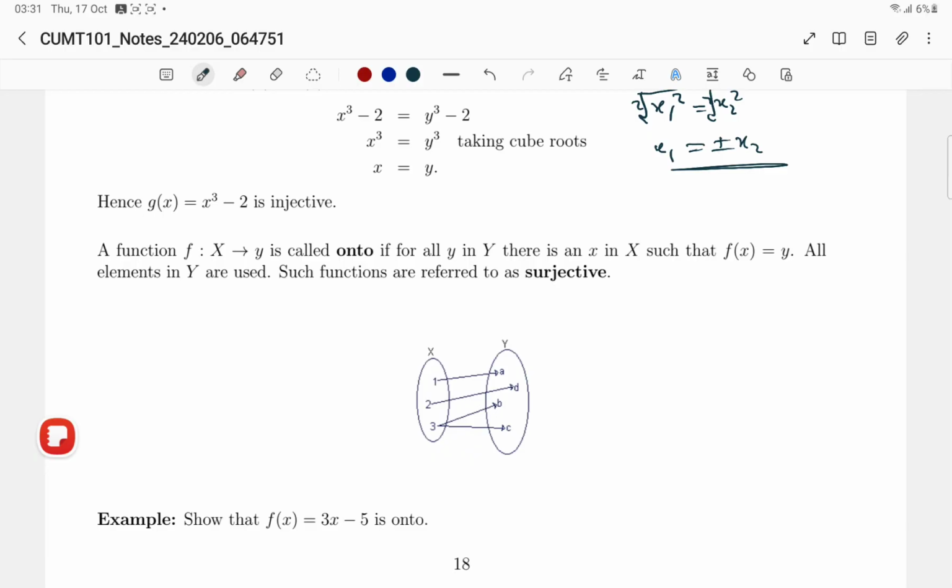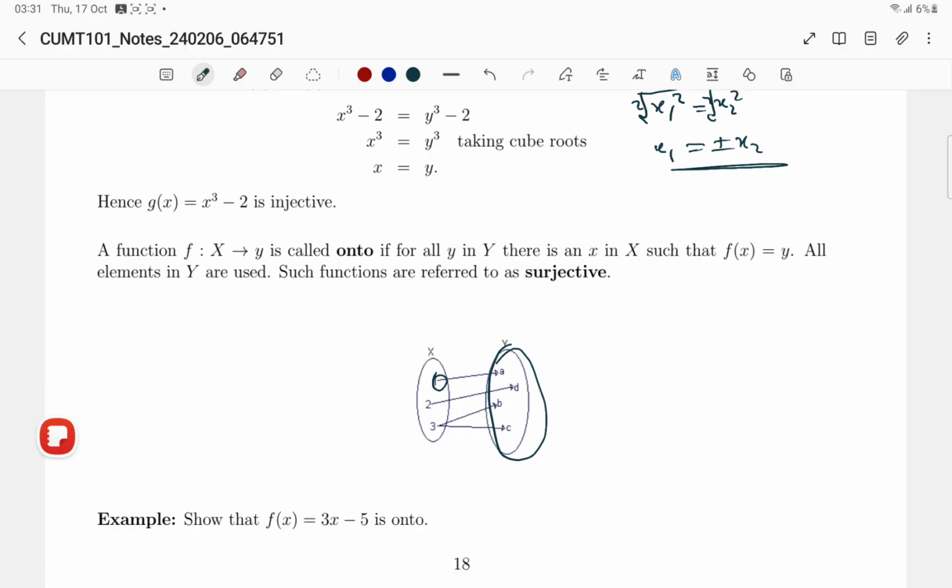Surjectivity means that for every element in Y, there should be a pre-image. There should exist something it came from. So what we are saying here is for every output, there should be an input. That's what we mean by surjectiveness.